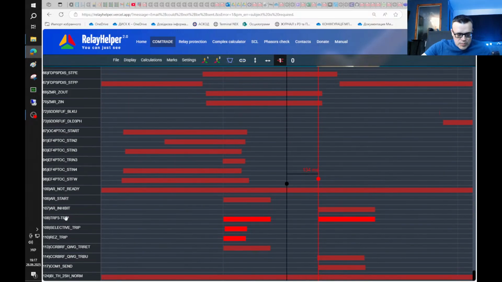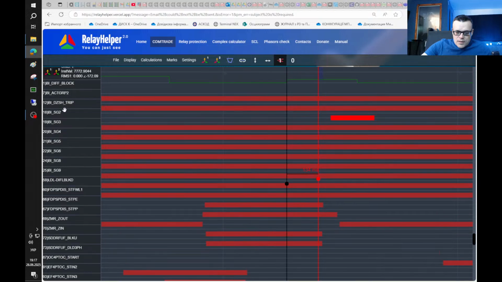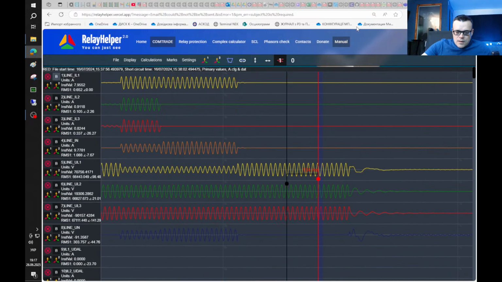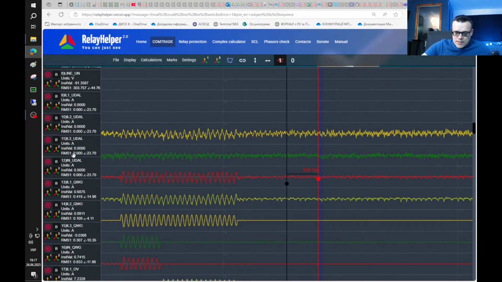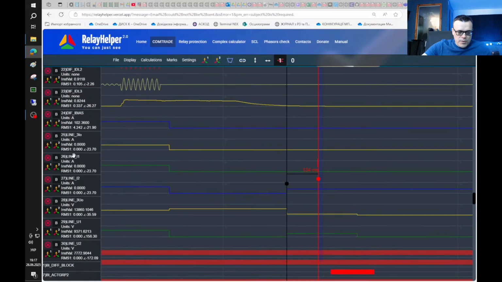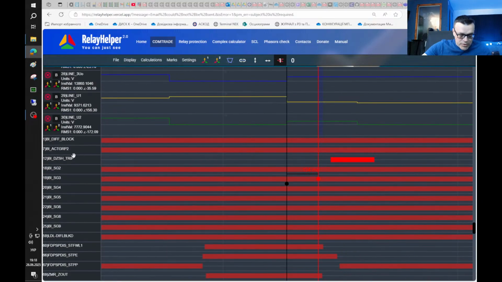In this relay, breaker failure protection is implemented, and here we can see a retrip signal, and a little bit lower this signal is the trip bus signal. So at this moment the relay from the substation A side generated a signal to trip the bus from the bus breaker failure protection.